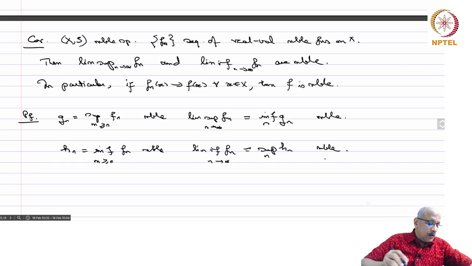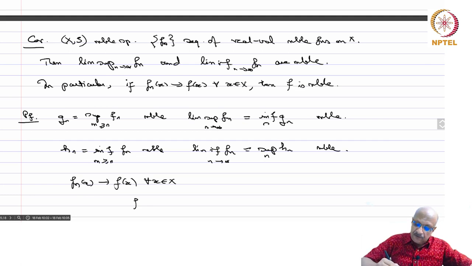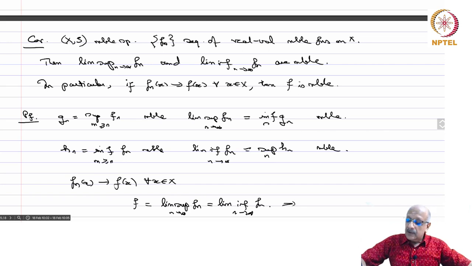Okay, so if fn of x converges to f of x for all x in X, then f is nothing but lim sup fn, which is equal to lim inf fn, and therefore this implies that f is measurable.